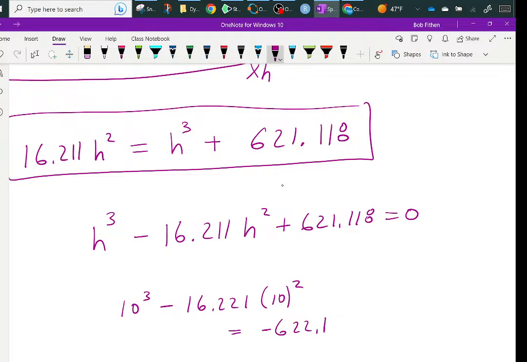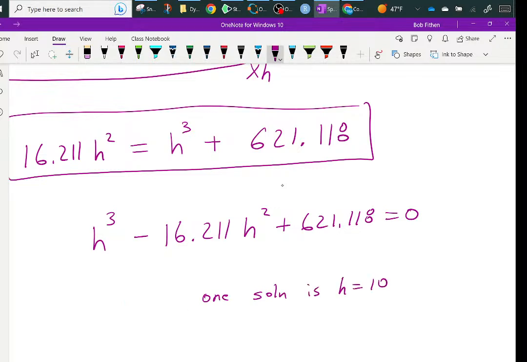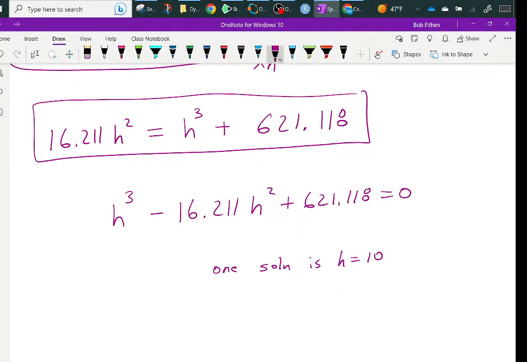Now, why did I know that? Okay, so one of the solutions is going to be H is equal to 10. And I'll tell you why I know that. So one solution is H is equal to 10. Okay, so how do I take this H equal to 10 and figure out the rest of this?